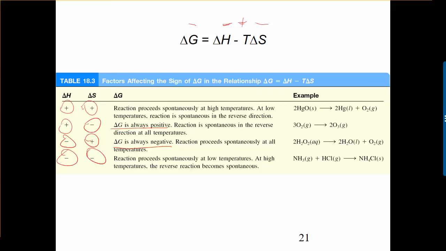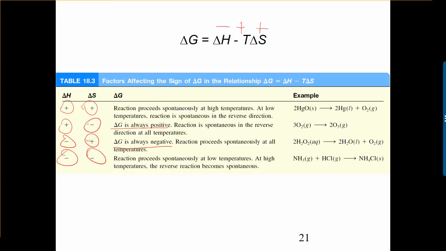Negative, negative. Negative minus a negative, or plus a plus. So this positive term can overcome the negative one, right? And it could force this delta G to become positive, if the temperature allows it to.